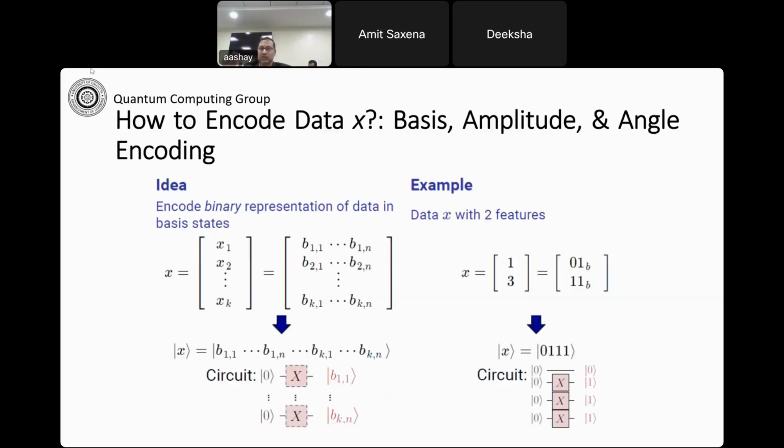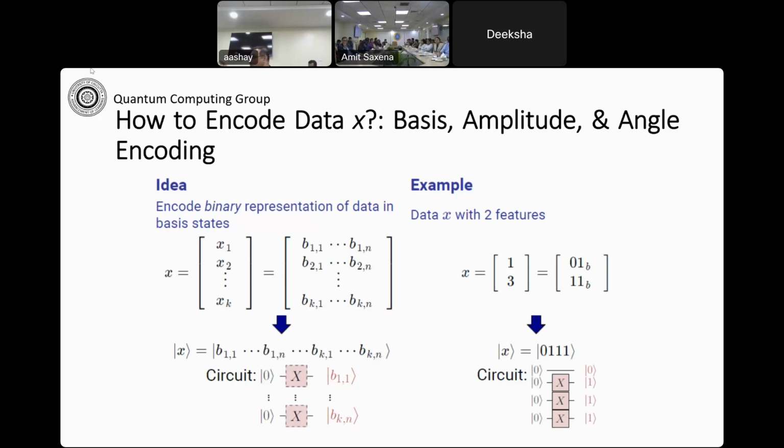So the simplest encoding is basis encoding. What I show here is X, a k-dimensional vector in the concept of feature space, meaning it consists of k independent features, your feature vector. Each of the feature values is encoded in binary form, B11 to B1n, up to BK1 to BKN.